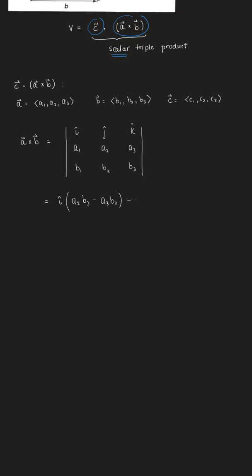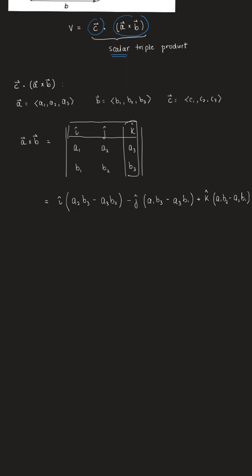And now we alternate signs and we're going to subtract J times the determinant of the matrix left when we imagine eliminating the column that contains J and the row that contains J. So that's going to give us A1B3 minus A3B1. And the Z component will be K times the determinant of the matrix left when we imagine eliminating the column that contains K and the row that contains K. So that's going to give us A1B2 minus A2B1.